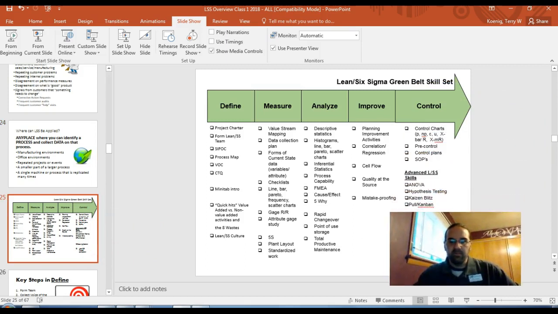It's the big old overview. Maybe we're zooming in later, checking out the PowerPoint. Define, measure, analyze, improve, and control, right? And all the tools underneath it. Some of them we're going to cover in this course. Some of them we might just touch base on. We'll get into a lot of it. We'll get into some Minitab.